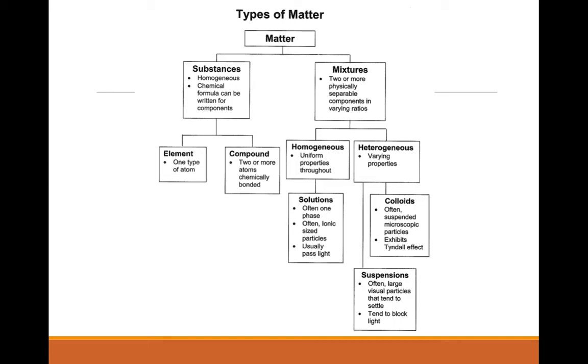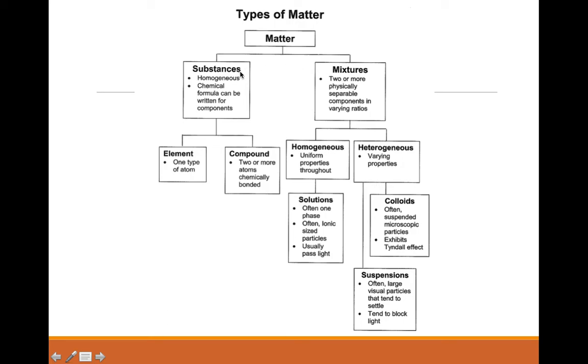Here's a chart that figures out the flow of how to distinguish the types of matter. Up at the top here we have matter, and matter is made up of substances or mixtures.